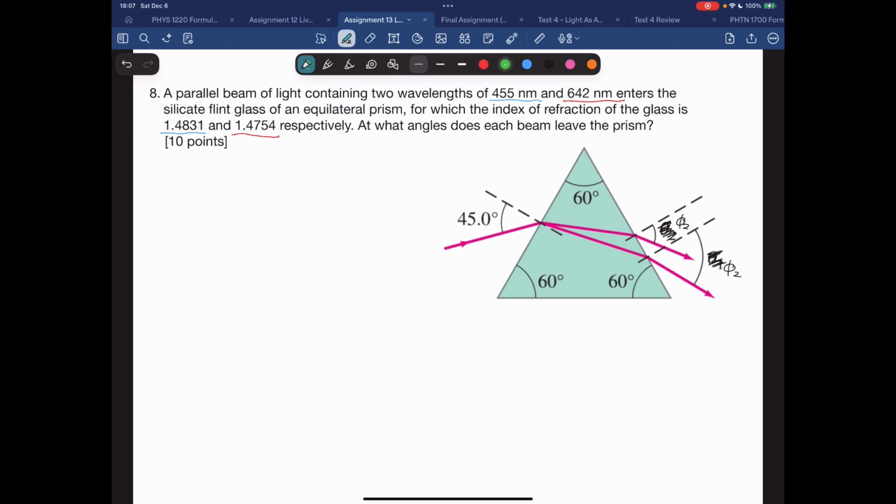Again, let's say that n1 equals air, which equals 1. So I get my first Snell's law set up. And again, n1 is 1, so we can ignore it. Rewriting for theta 2, this is the arc sine of the sine of theta 1 over n2.